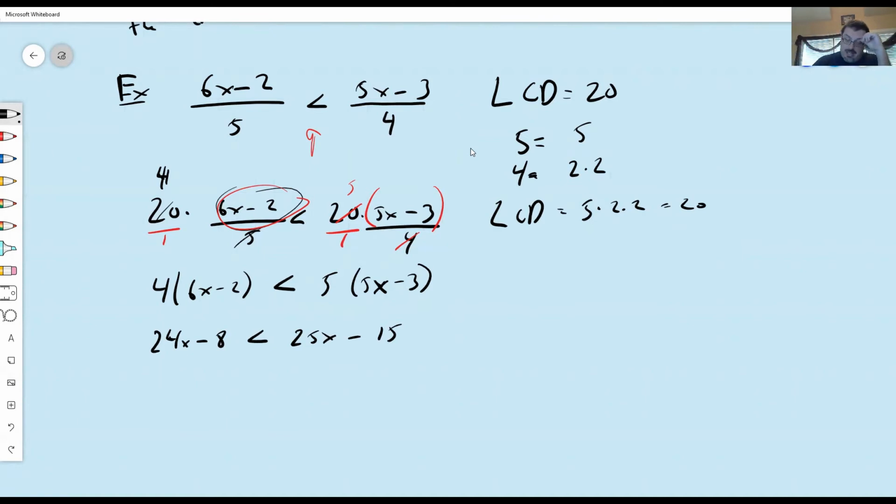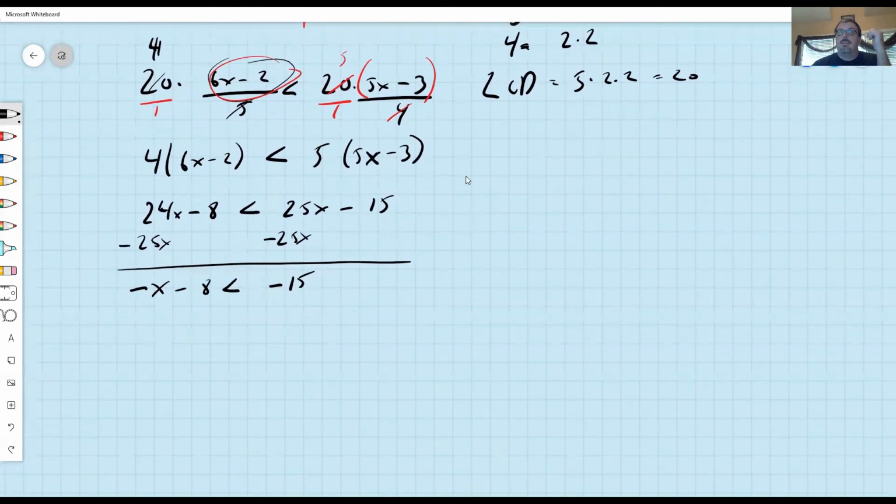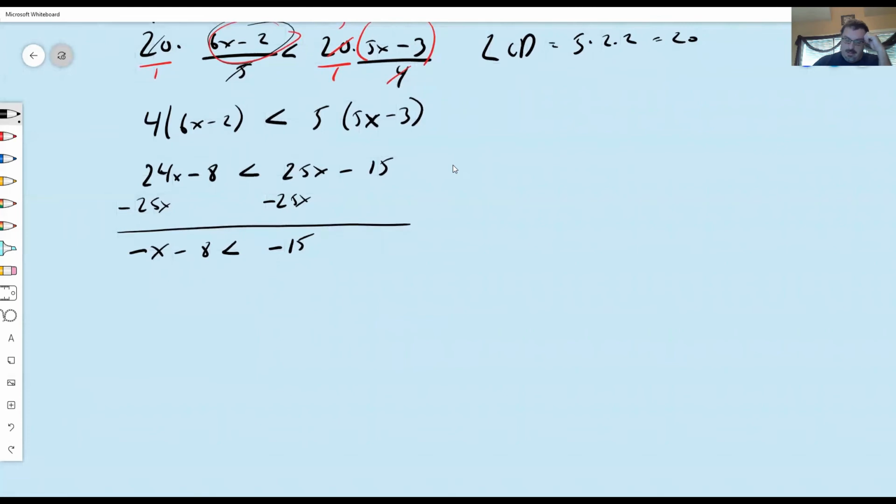So I'll move this 25x over. Then with minus x minus 8 is less than minus 15. Plus 8 to both sides to get x by itself. And minus x is less than minus 7.